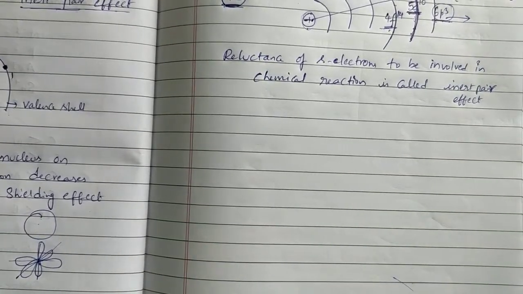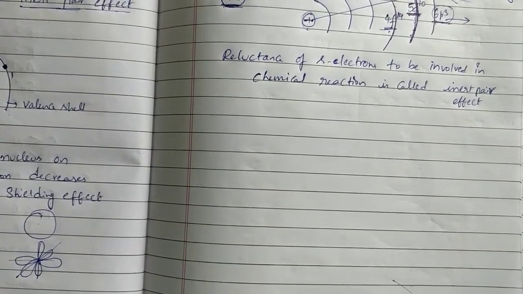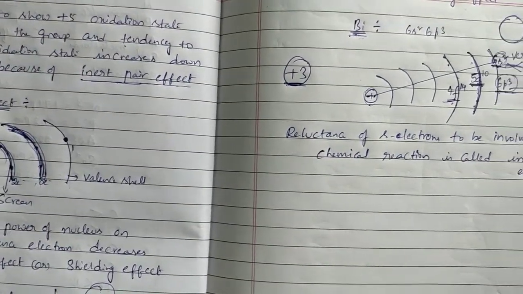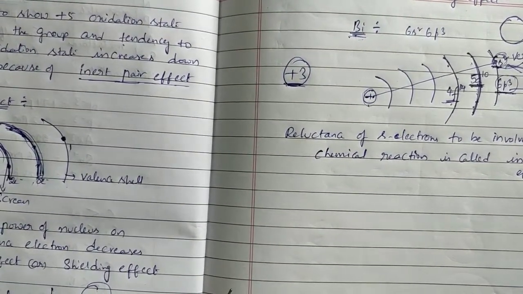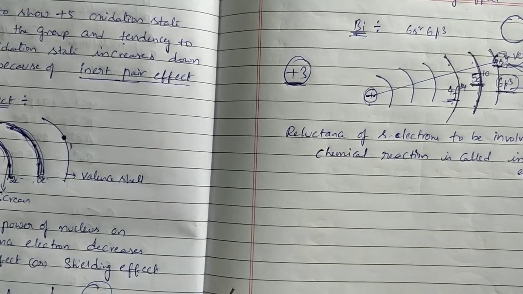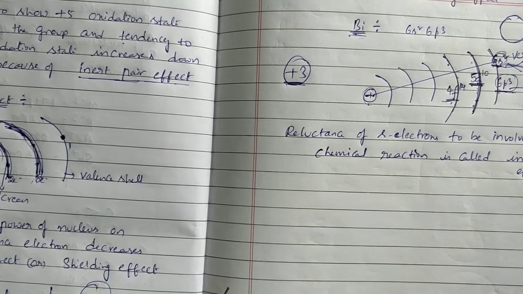In the first 2 elements, d electrons and f electrons are not there. So s electrons and p electrons are present in inner orbitals, so they have high shielding effect. When they have high shielding effect, outermost electrons can be lost easily.